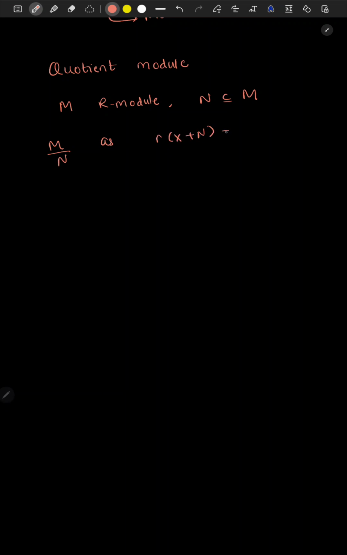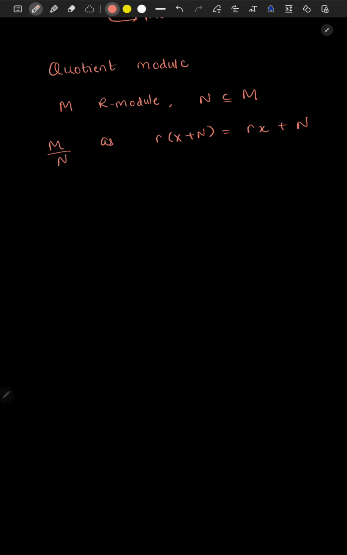Now we define a quotient module. If M is an R module and N a submodule of M, then you define M quotient N as the set of Rx plus N. How is this independent of representation?